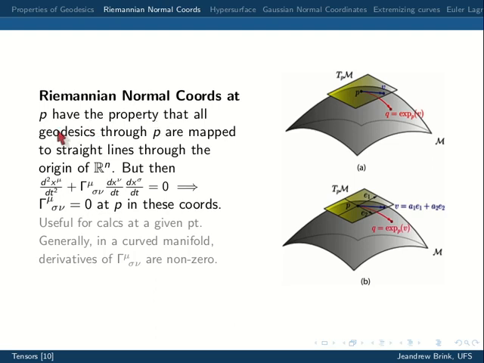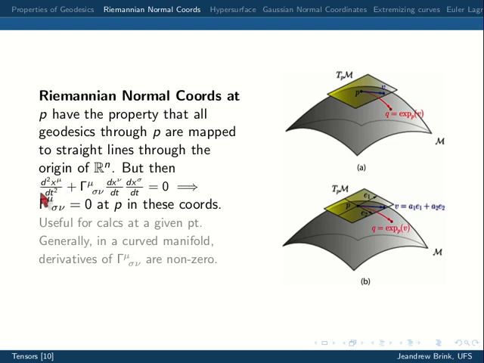So they have the property that all the geodesics through P are mapped to straight lines through the origin in R^n. But if that is true, then if you have straight lines, the second derivative will always vanish.